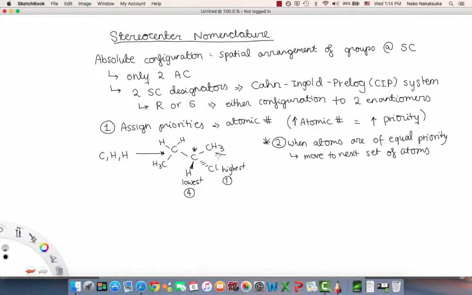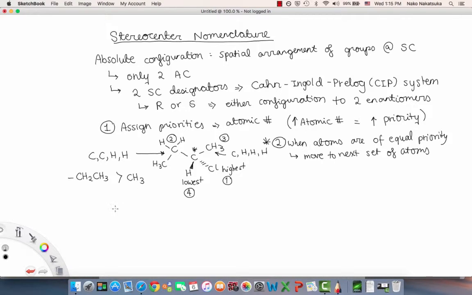I'm sorry, this carbon is bonded to two carbons. So we have carbon, carbon, hydrogen, hydrogen for this guy, but then just one carbon and then three hydrogens for the methyl group. So since this guy has an extra carbon, which is higher in terms of atomic number, the CH2CH3 group is going to have a higher priority than the methyl group. And thus I'm going to number this as this being 2 and this being 3. Sorry, it's getting a little messy.